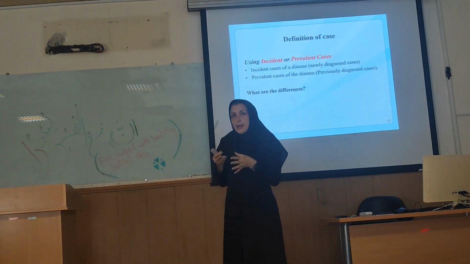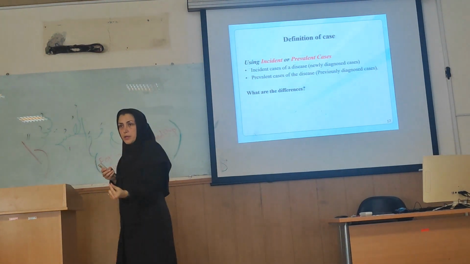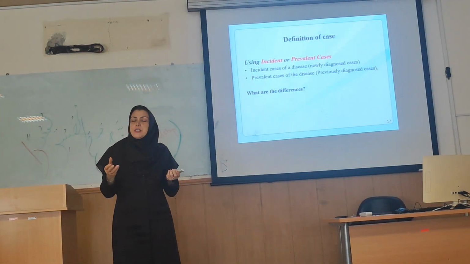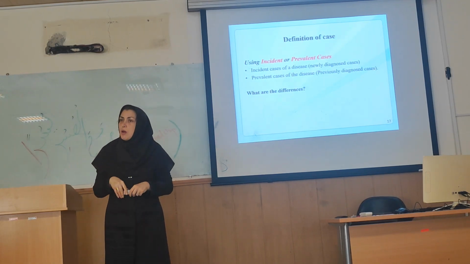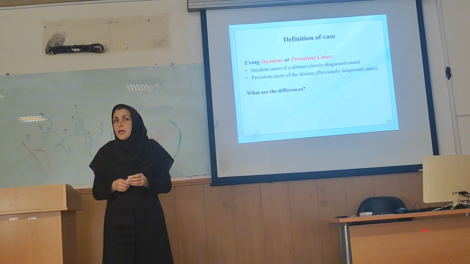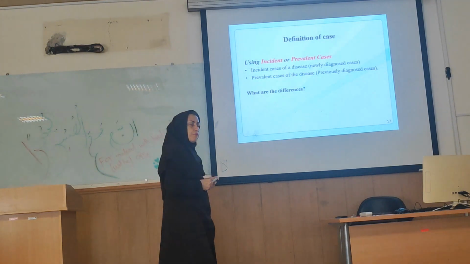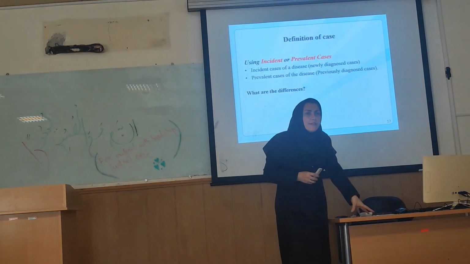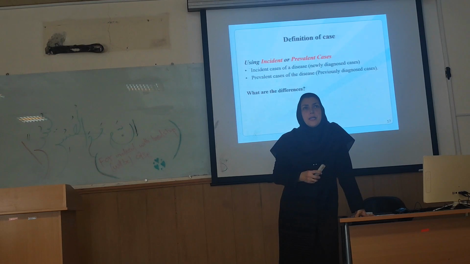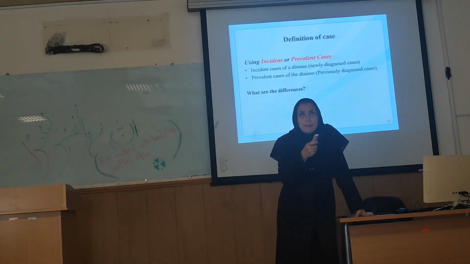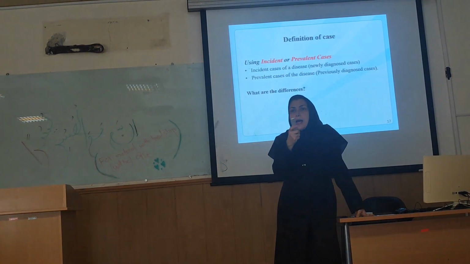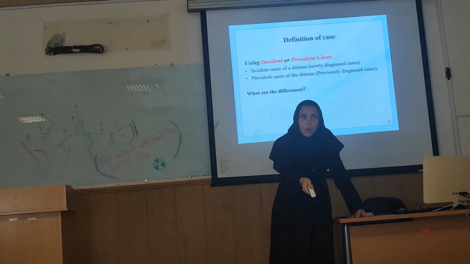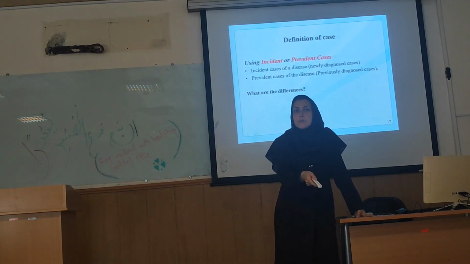But here I speak about one person, for example, I want to ask that patient to come to my study. Okay? So, is there any difference regarding the available cases in the registries and the patients who are newly diagnosed?